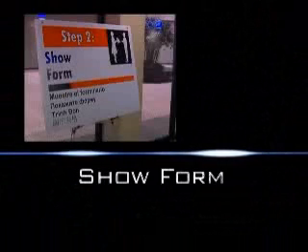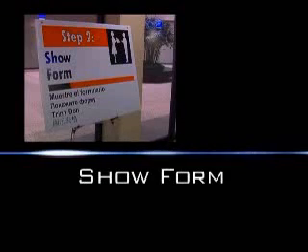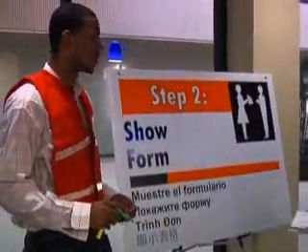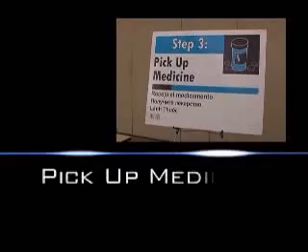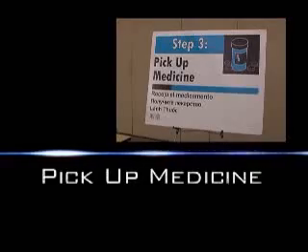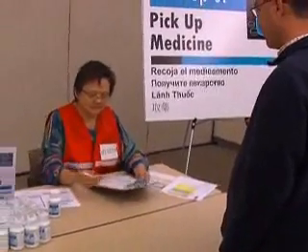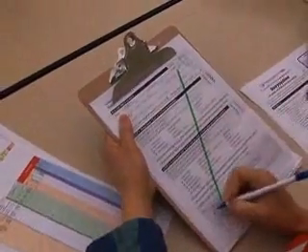Next is the show form station. A forms reviewer will quickly check the screening form for all no answers. For those clients who answer no to all the questions, they will continue to the pick up medicine station. At the pick up medicine station, clients will be given their medicine or vaccination.